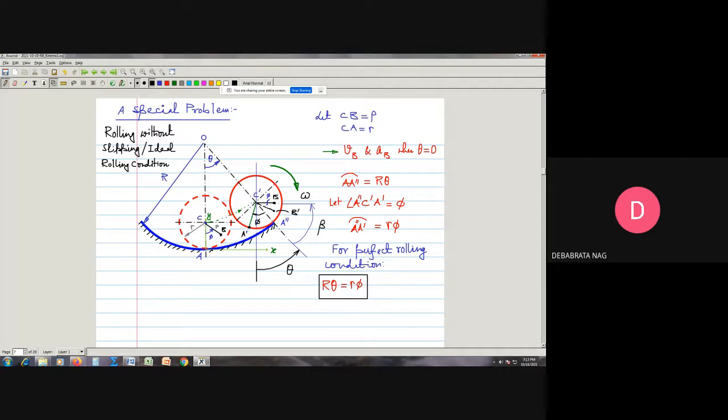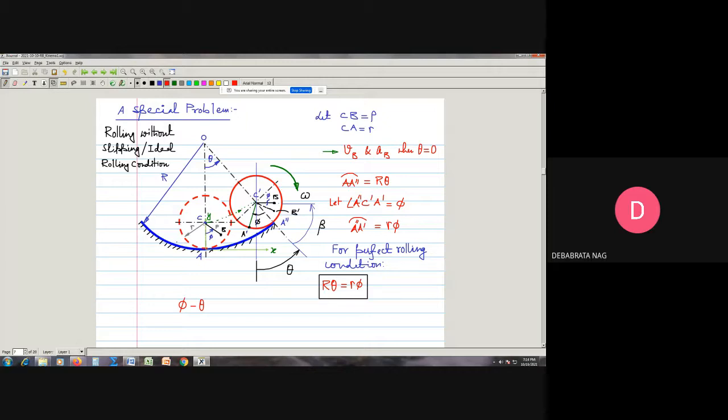So the orientation is going to be equal to phi minus theta, because this angle is phi, the angle of rotation, and this angle is theta. So this radial line makes an angle phi minus theta with respect to this fixed reference line.